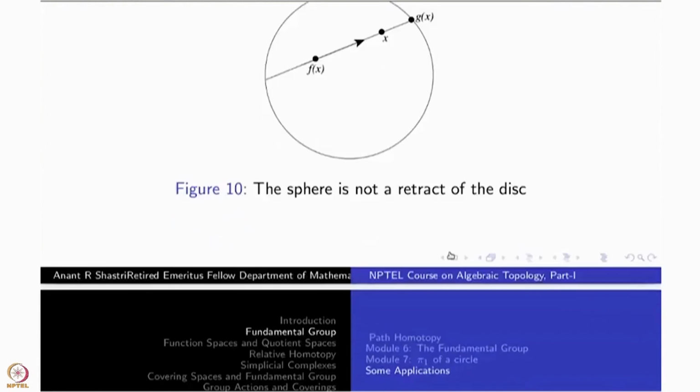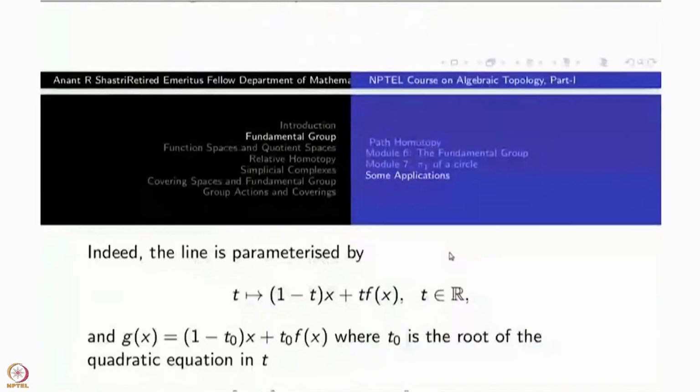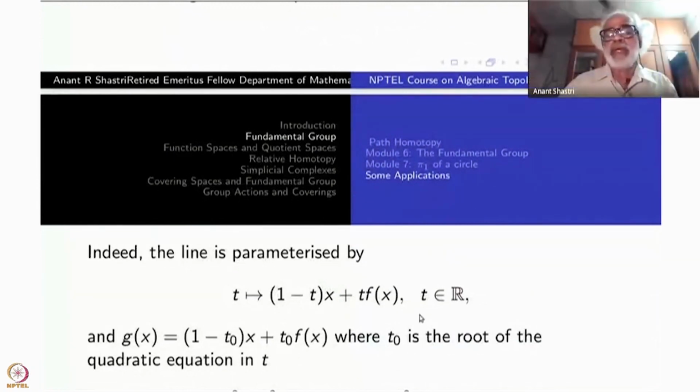A parameterization of this entire line is (1 minus t) times x plus t times f(x), where t ranges over R. Given any two vectors u and v, t times this plus (1 minus t) times that gives you the entire line passing through the endpoints of these vectors u and v. That is the vector algebra. This is the line segment, and this is the entire line.